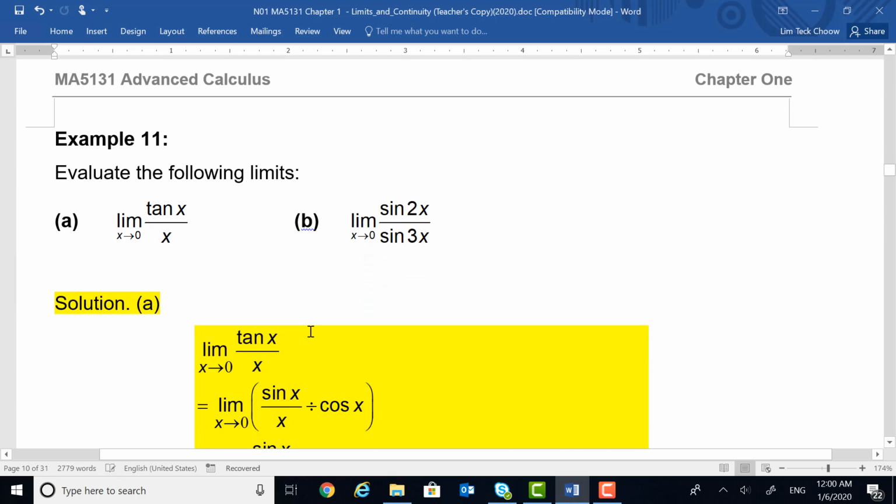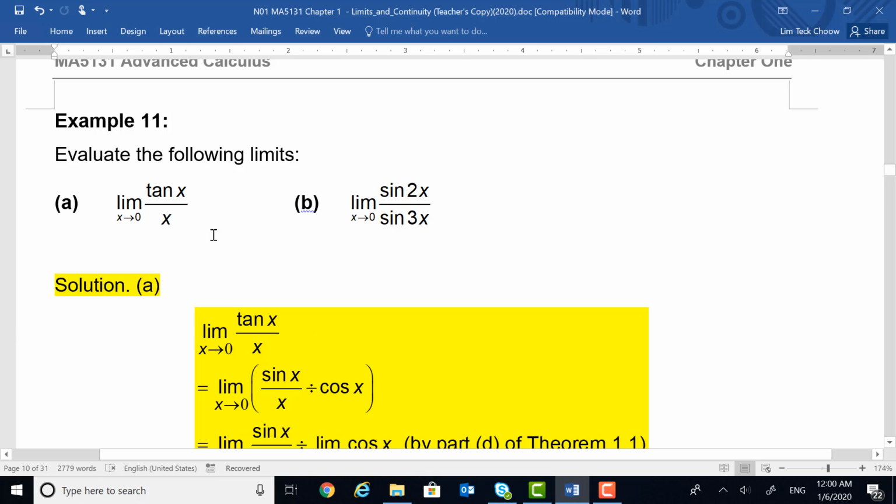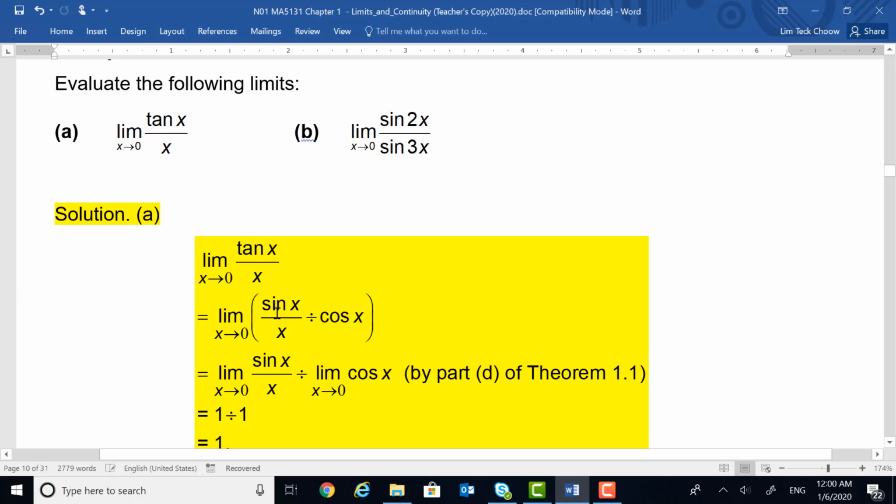In example 11, if you have to find this limit, you can break this up into sine x divided by cosine x, which is tangent x. So you can break it up into sine x over x and divide by cos x. So by the earlier theorem, if you have a division, I can break it up into the limit of the numerator divided by the limit of the denominator.